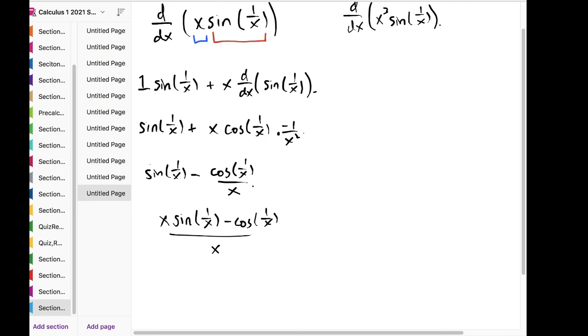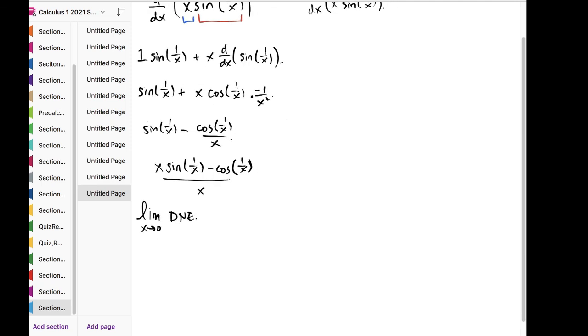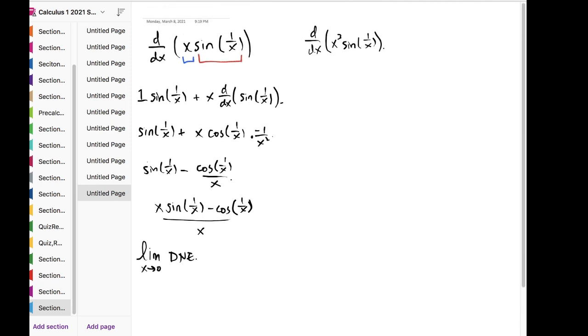And what's interesting to note here is that the limit as x approaches 0 does not exist. Mainly it's because of this is the problem here.